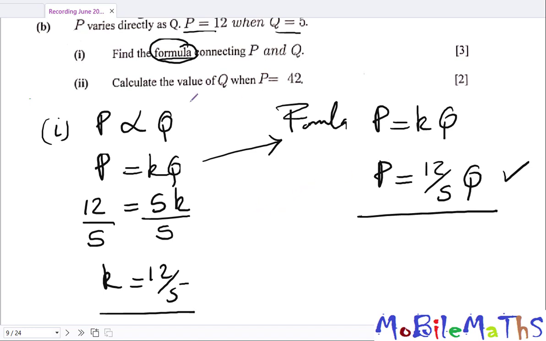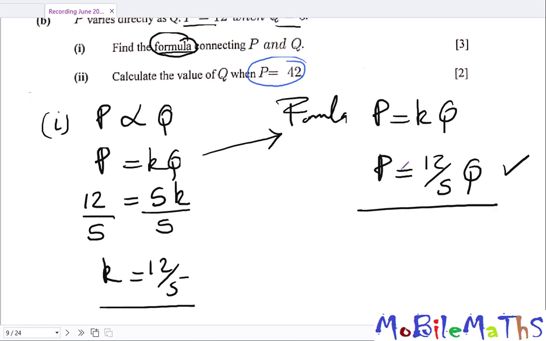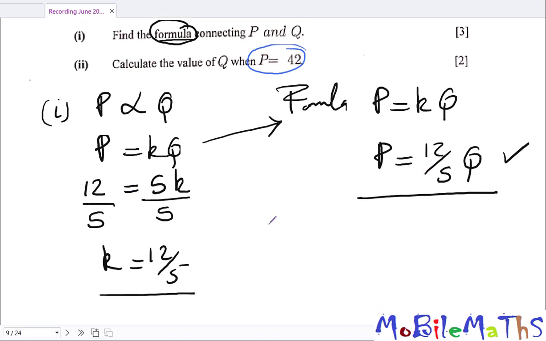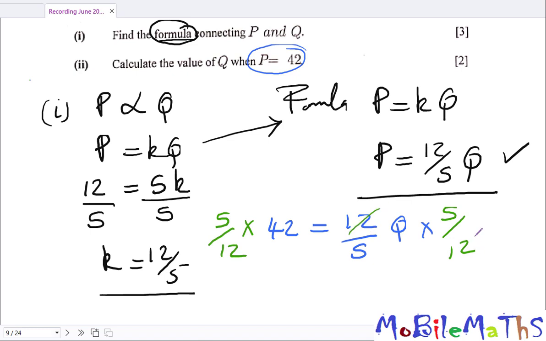Then the next question they say, calculate the value of Q when P is 42. So we want Q when P is 42. I will use this relationship or formula to find that value. So I will say P, that's 42, is equal to 12 over 5 by Q. To get rid of this, I'll multiply by its inverse, 5 over 12, and I also do the same on this side, 5 over 12, so that they cancel off each other.